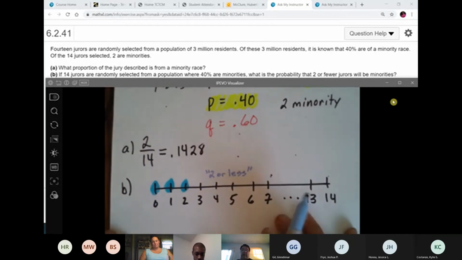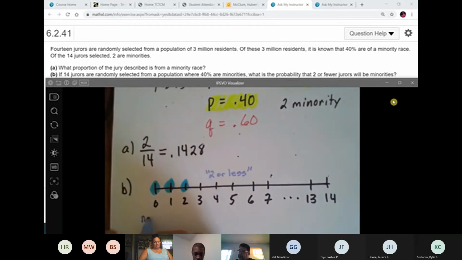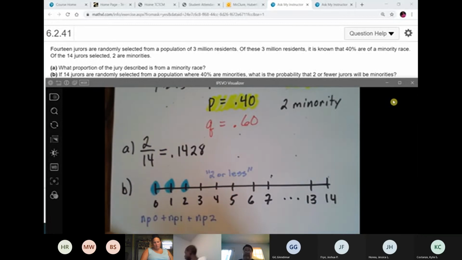I'm just going to write it down. NP0 plus NP1 plus NP2. That's if I just used the PDF.